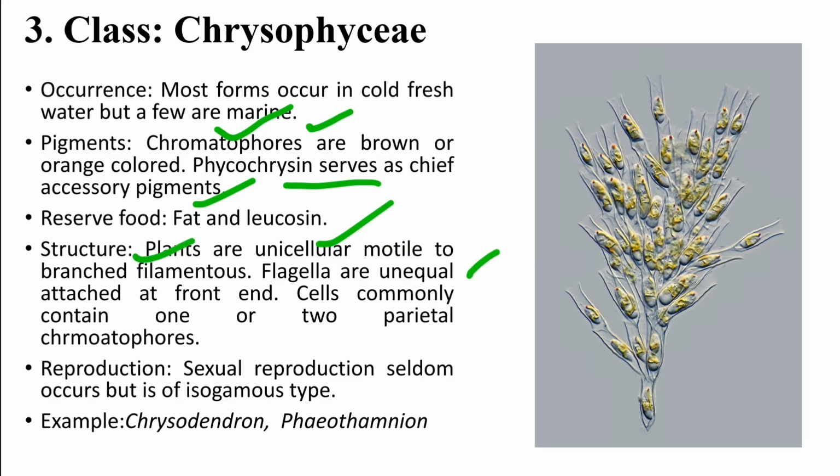Flagella are unequal, attached to the front end. Cells commonly contain one or two parietal chromatophores. Sexual reproduction seldom occurs but is isogamous type. Example, Chrysodendron and Phaeothamnion.